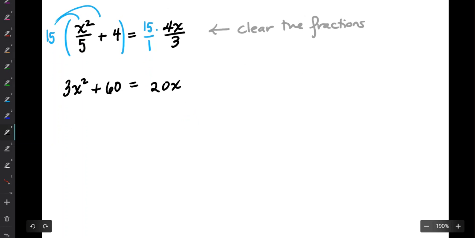We're now going to go ahead and set this guy equal to 0. Right? We're not going to lose track of our equal sign. I'm going to go ahead and subtract 20x from both sides.